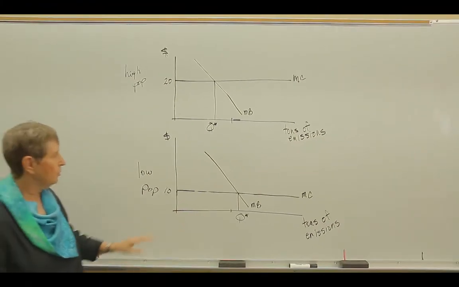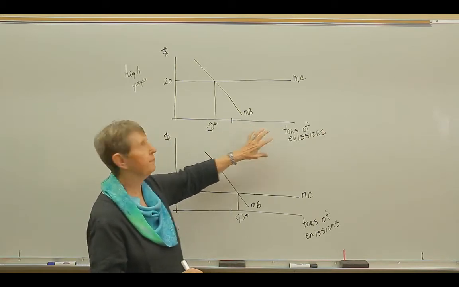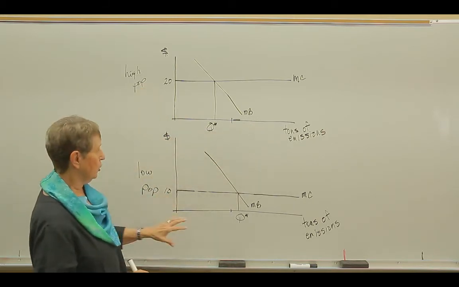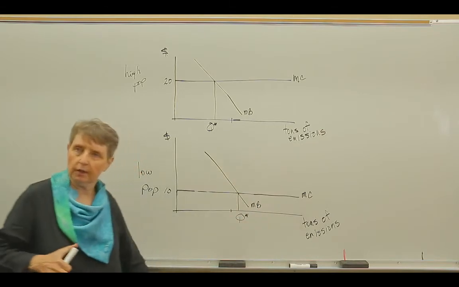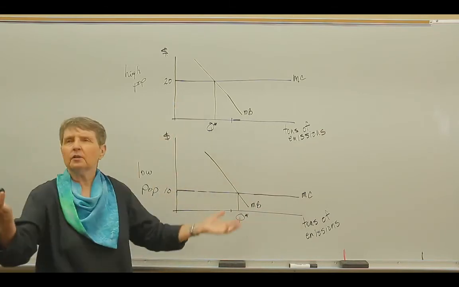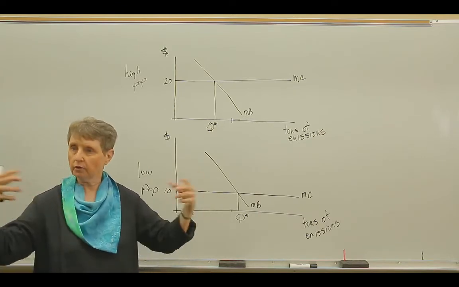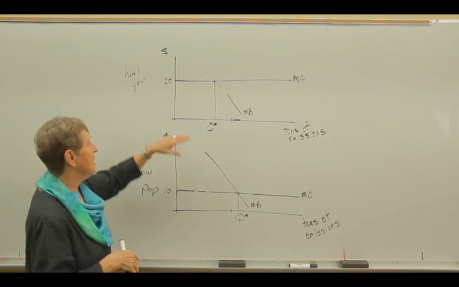So this is a graph showing the tons of emission in a high population area and the tons of emission in a low population area. We can think about cars, for example. In Los Angeles, the smog is terrible because there are so many cars.